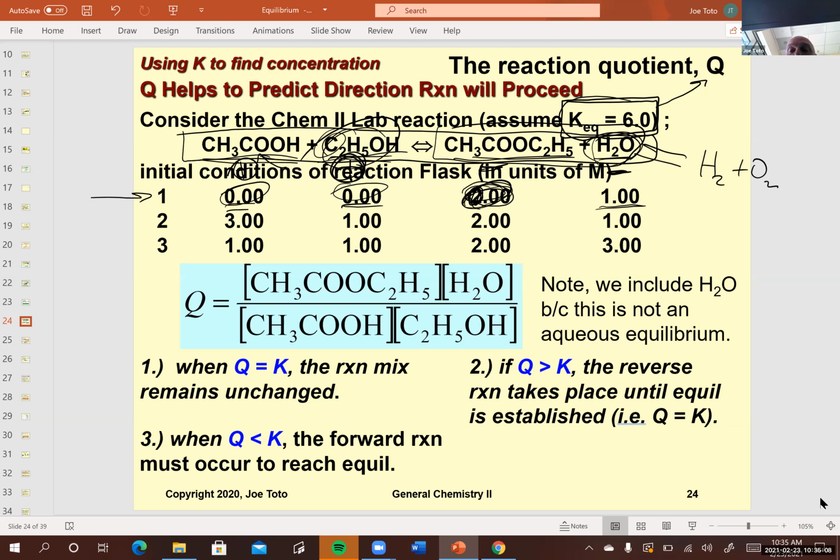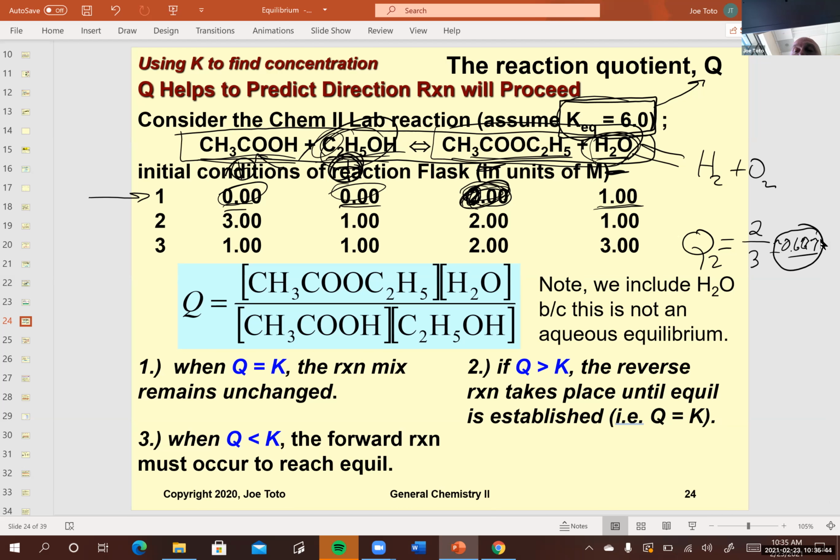You form Q. So what's Q equal for that second experiment? Two times 1 is 2, over 3 times 1. So this is about 0.66, or is it 0.67? I don't know. It's 2/3. And now Q is 0.667.